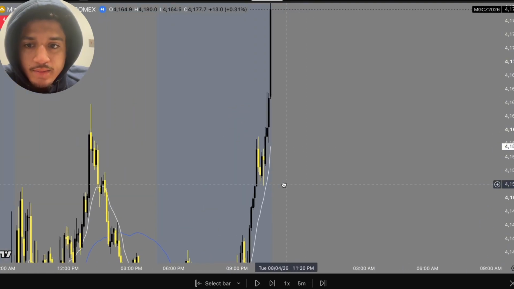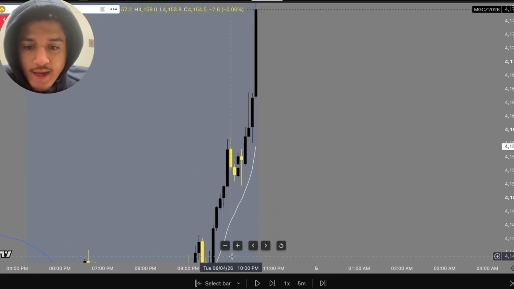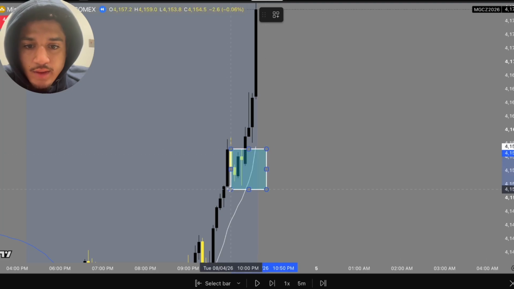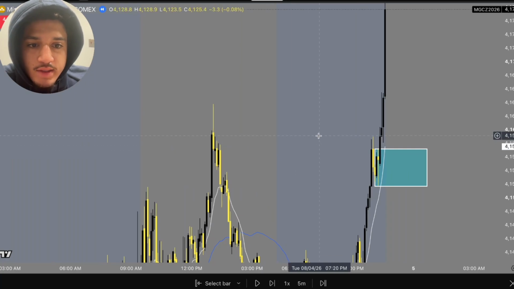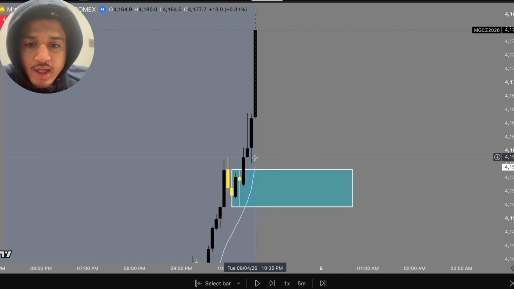Okay, here we get a gap created. Boom, I would have drawn my zone, and we break highs. We break highs here and here. Now, in real time, I would not take this trade because I don't like how we came all the way up here and then we haven't pushed back to my zone yet.